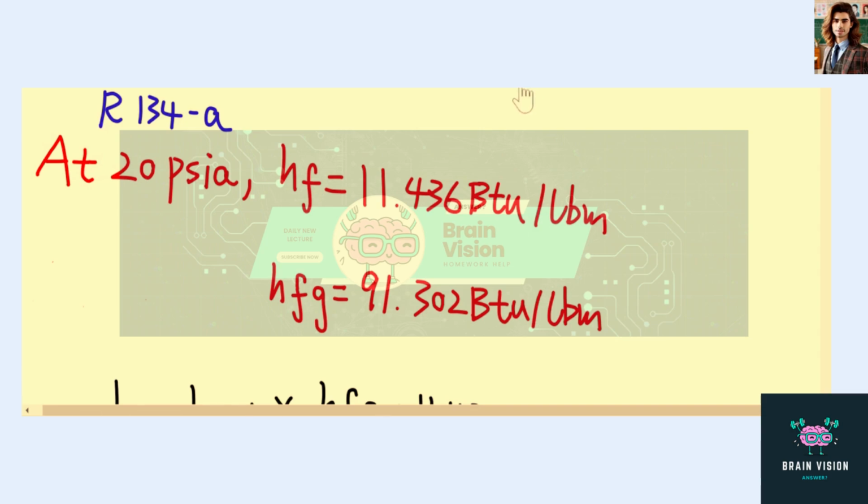At 20 psia, the enthalpy of formation is equal to 11.436 British thermal units per pound mass, and the enthalpy of evaporation is given as 91.302 British thermal units per pound mass.